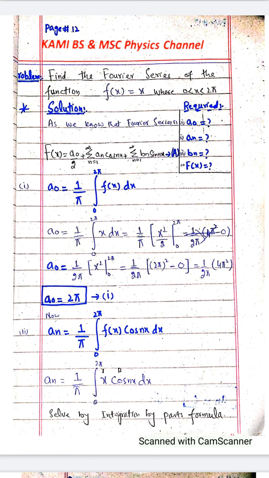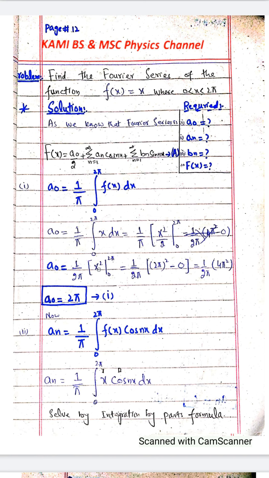So it is equal to 1 over pi. We will integrate x. The integration of x is x squared divided by 2, and the limit is 0 to 2 pi. So now a naught is equal to 1 over 2 pi times x squared, limit 0 to 2 pi. Now we will apply the limits.